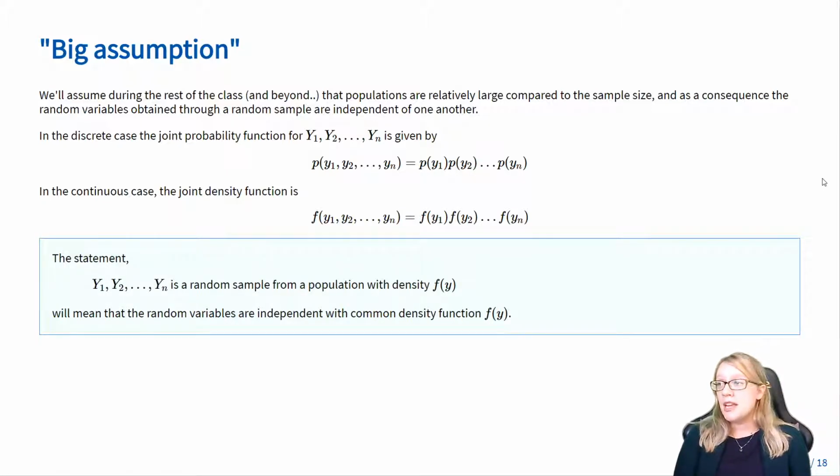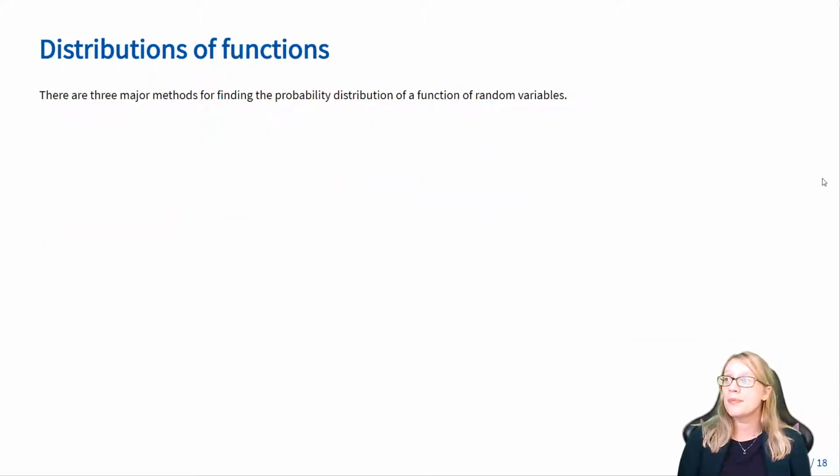The statement that we'll make throughout the semester to shorten this assumption is that y1 through yn is a random sample from a population with density f of y or with mass function p of y. This means that the random variables are independent and have a common density function. So they're independent and identically distributed.